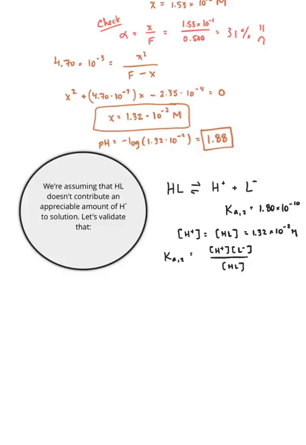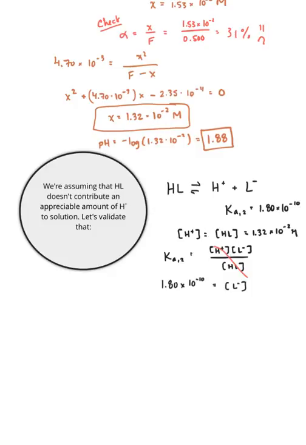Given our assumption, if these two things, H plus and HL, are for all intents and purposes equal to each other, if H2L plus is the primary source of H plus cations in solution, then that would mean that HL's and H plus's concentrations can be eliminated in this expression, and we arrive at the result that the concentration of L minus is effectively 1.8 times 10 to the minus 10.